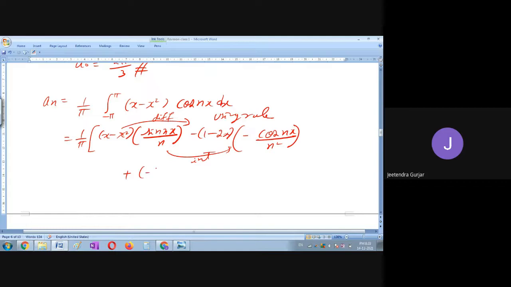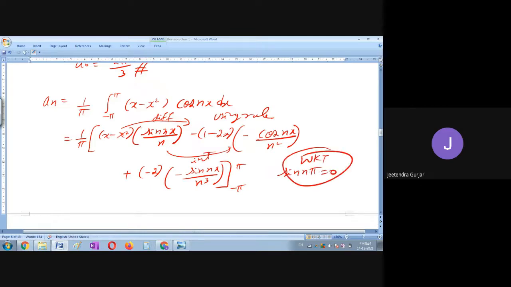So this is going to become minus 2 and integrate this once again, students. So this is minus sine nx upon n cube in the interval minus pi to pi. Please remember this, students. Sine n pi is equal to 0. We know that. You should always remember this.